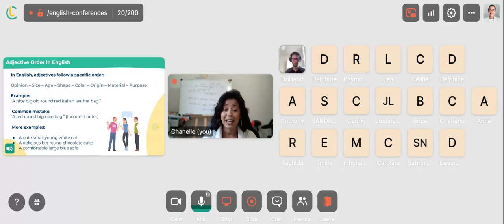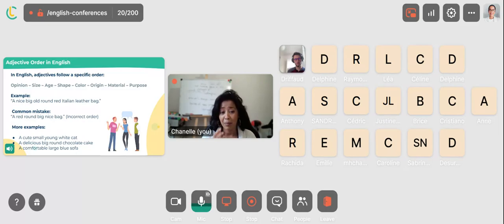For example, a nice big old round red Italian leather bag. A common mistake we'll make is saying a red round big nice bag. More examples: a cute small young white cat, a delicious big round chocolate cake, a comfortable large blue sofa.